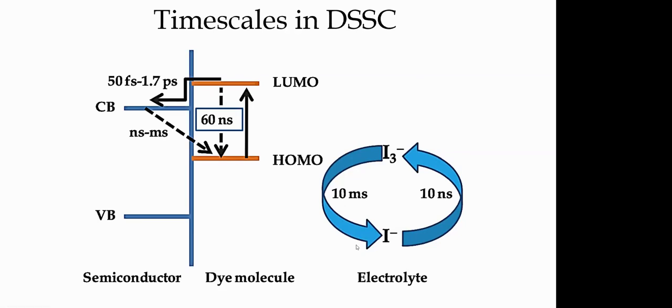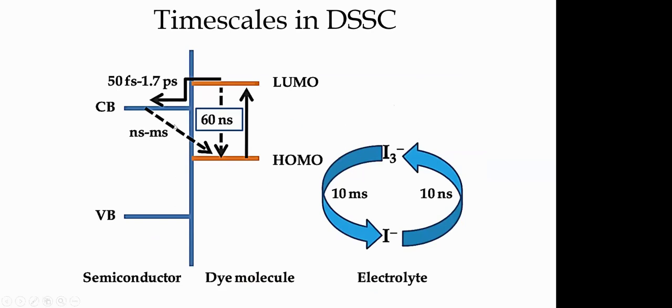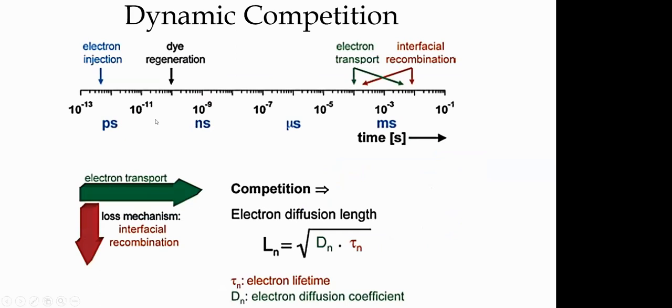So the carrier lifetime of the photo-generated carriers in dye-sensitized solar cells is of the order of milliseconds. Again, in between, there is a possibility of recombination, and these recombination time scales are of the order of nanoseconds to milliseconds. So there is a high probability that if it is not extracted, it can recombine here as well.